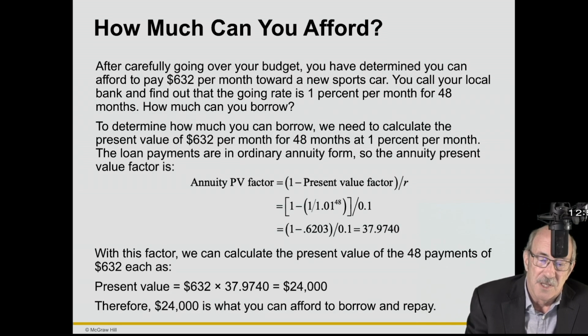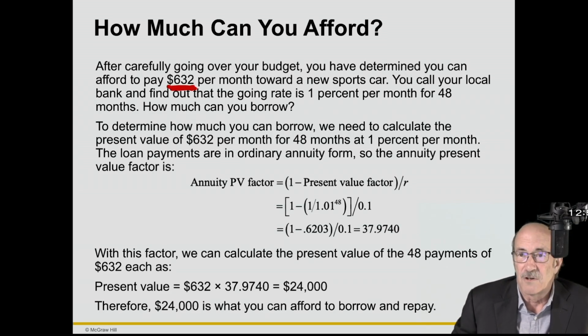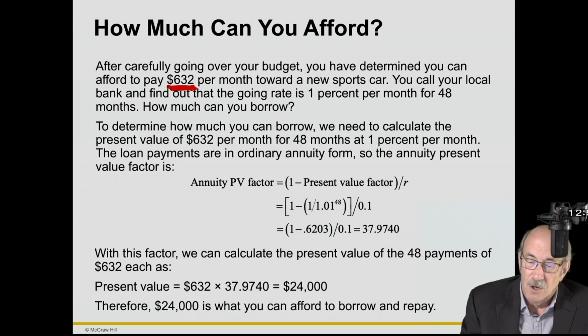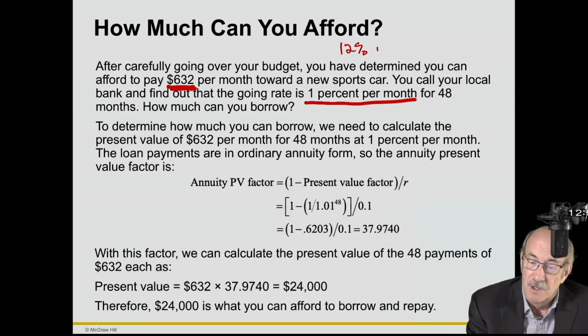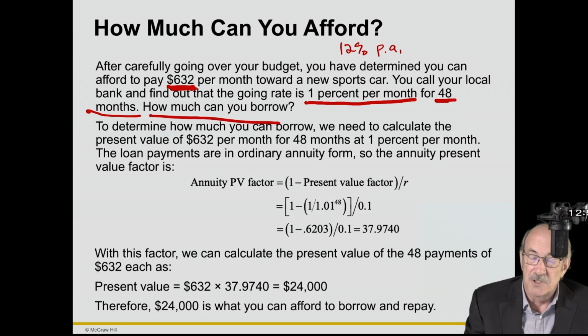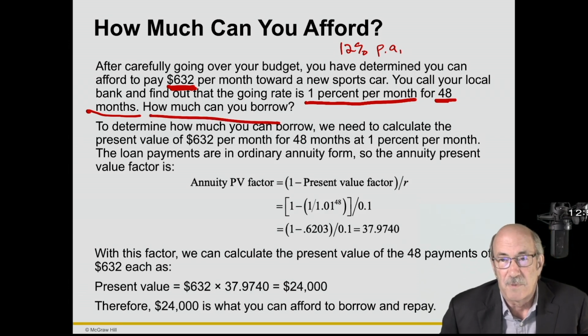In this example, the X dollars is 632. We're also told that we're going to be using a rate of 1% per month. That would be 12% per annum. And the term of the loan is 48 months. So the question is how much can we borrow on this basis?